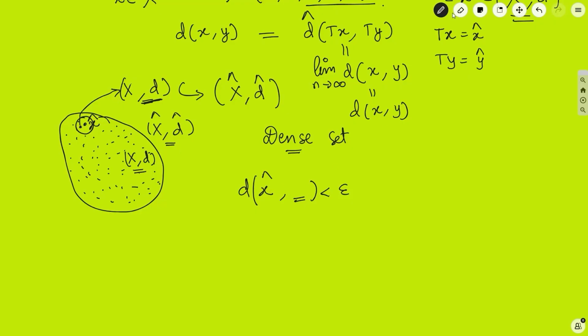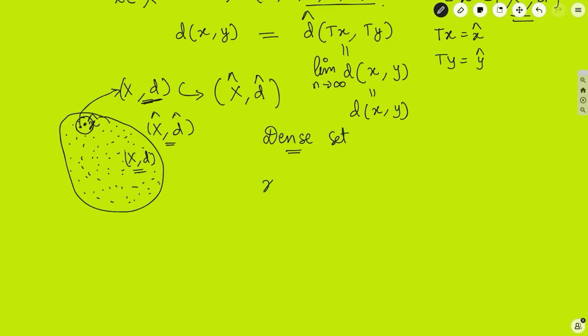So the distance between x hat and a new sequence, maybe it's a bad notation, something from this original space which is extremely close to this point. Is it really possible? Well, yes, it is possible. It's definitely possible to find such points, whatever epsilon is. You can definitely find things close to x hat.